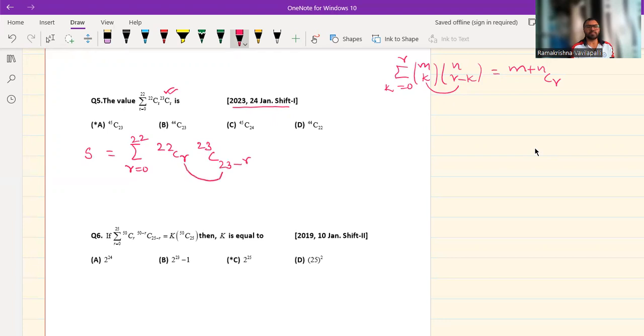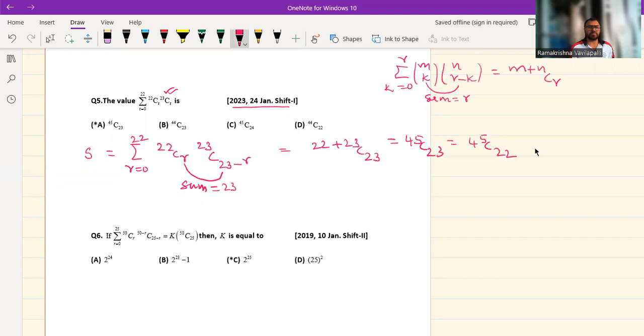Now see, the sum of these two lower indices equals 23, equal to r. So using the same concept, here m is 22, n is 23, r value is 23. So this is equal to (22+23)C23, nothing but 45C23, which is equal to 45C22.